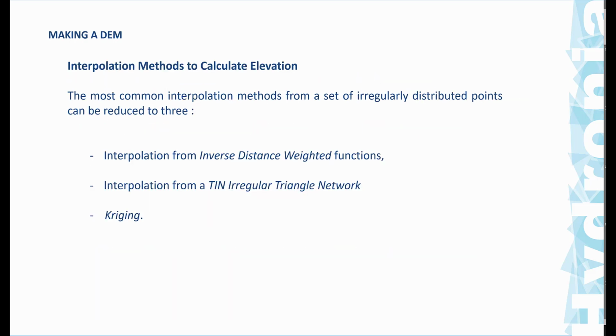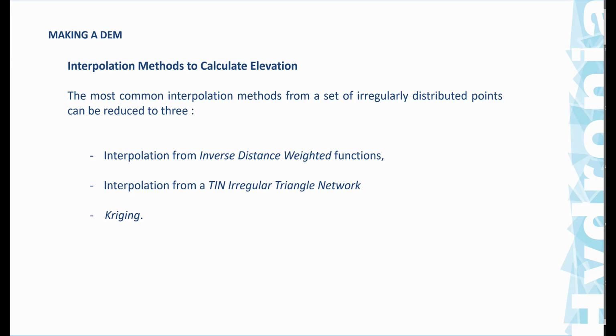To build a DEM, it is necessary to perform an interpolation from the discrete data in order to have the elevation information continuously through the entire extension of the layer. There are many methods. Some of them are faster, some of them are more accurate, it depends on the terrain that you have as well.